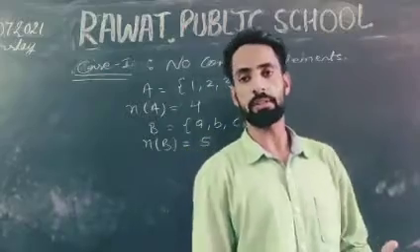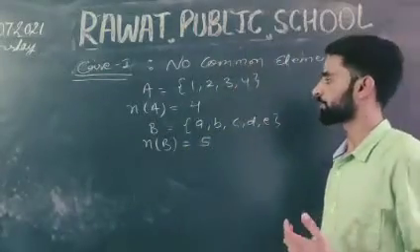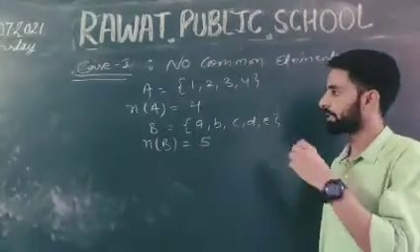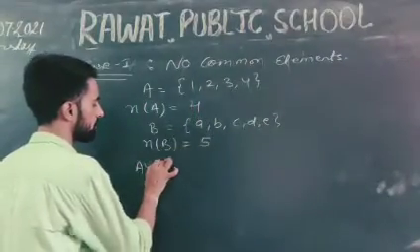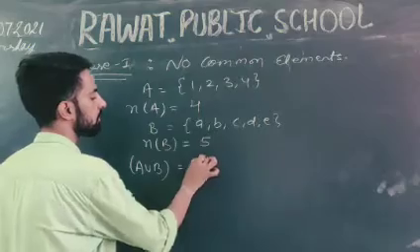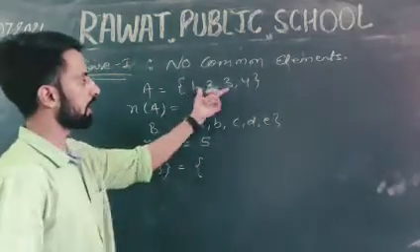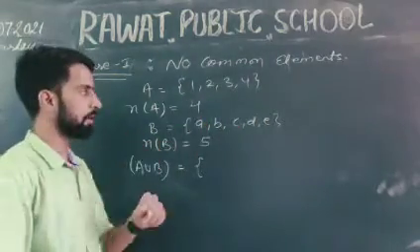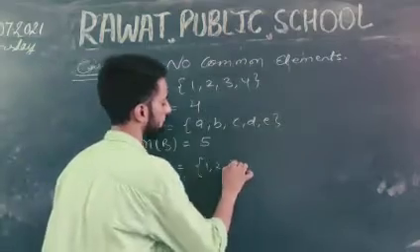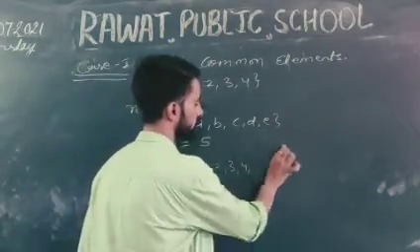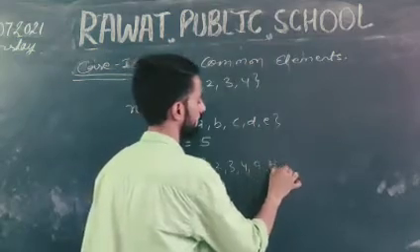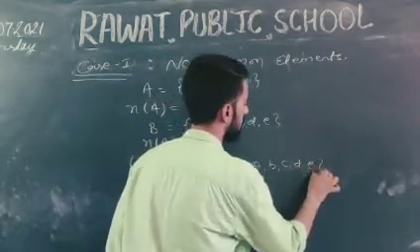Now, if we go through the set theory and perform the operation A union B between the sets A and B, this A union B can be written as all the elements of set A and set B, as there is no common element. So 1, 2, 3, 4, and we have a, b, c, d, and e.